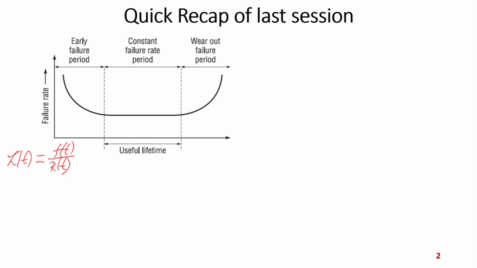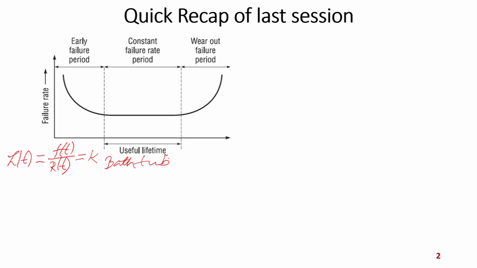Whenever this h(t) is constant, it is the constant failure rate, and basically it can be a function of time. This curve we described is called the bathtub curve.